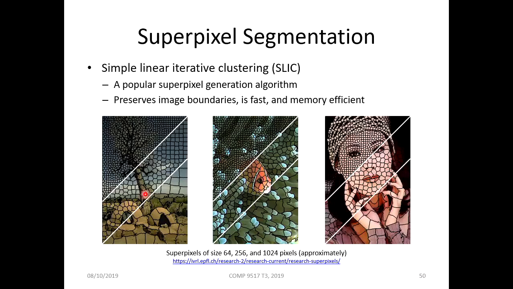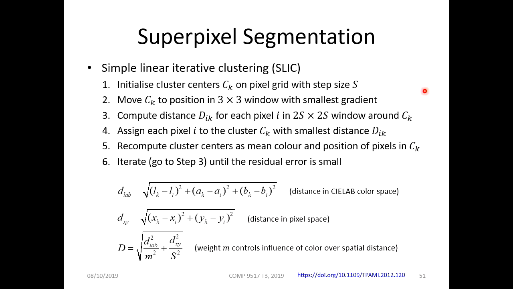And here you see some results of superpixel construction, using different average sizes of the superpixels. So this is a parameter that you can set. I want my superpixels to be of this size, and then the algorithm will give you a partitioning according to that parameter. So here are the results for different values of the average superpixel size. What that value should be is, of course, totally dependent on the problem, on the application.